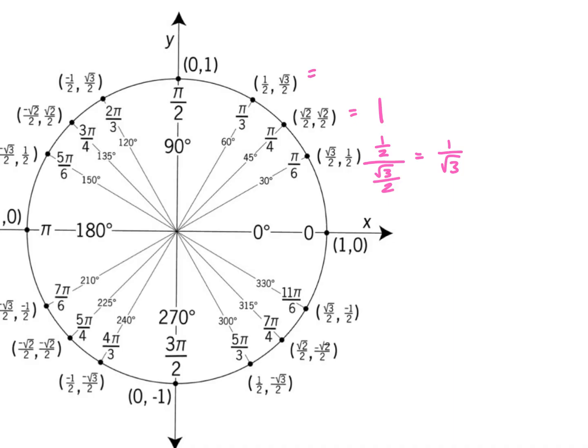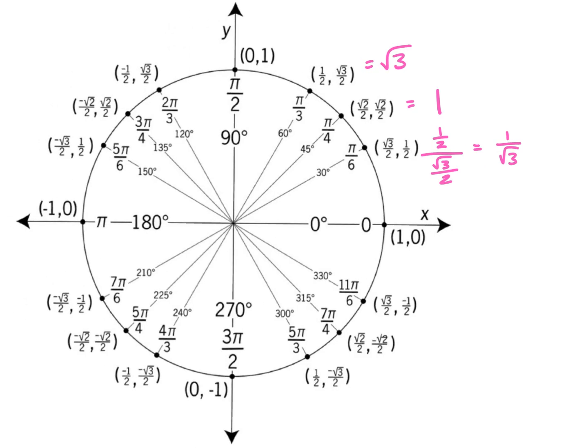And then y over x for pi over 3 would be square root 3. Now you can do the math every time to find these, but it's going to be the same thing every time. If you just want to memorize these 3, you could do that too. So you're just finding your y over x and keep change flip. We're looking for square root 3, so that's going to be pi over 3.